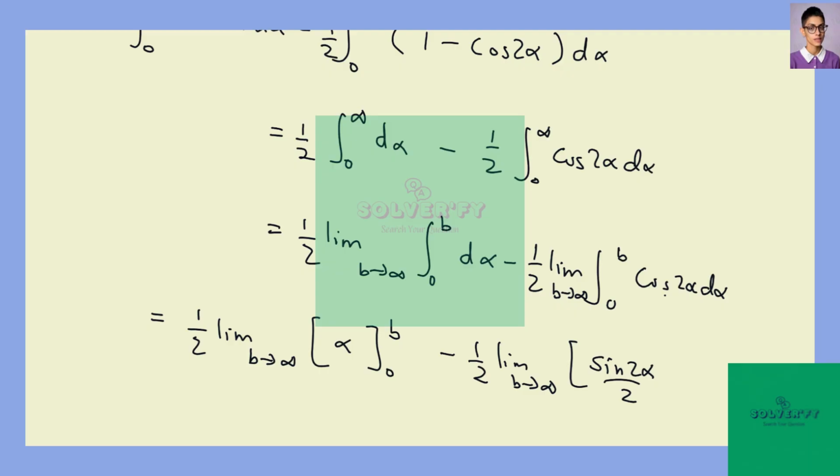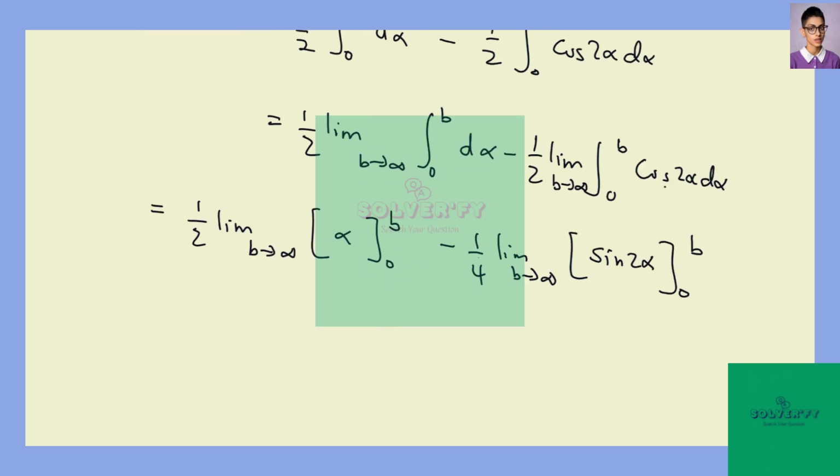So that we can write as sine 2 alpha on 4, from 0 to b. This is the integral from 0 to infinity of sine squared alpha d alpha.